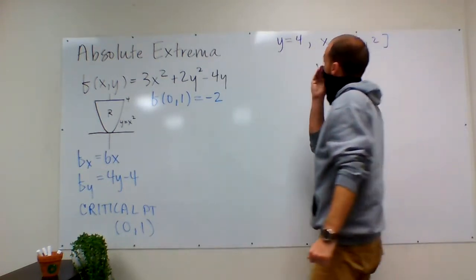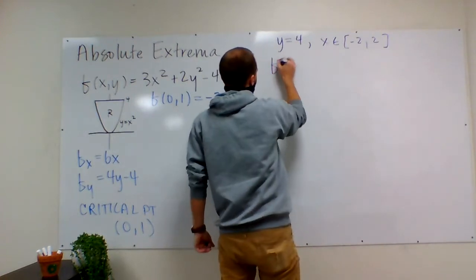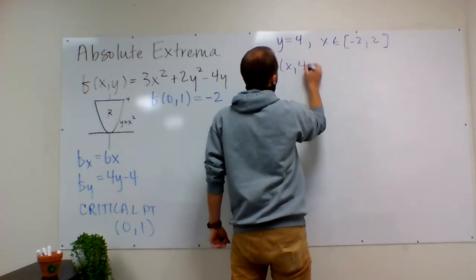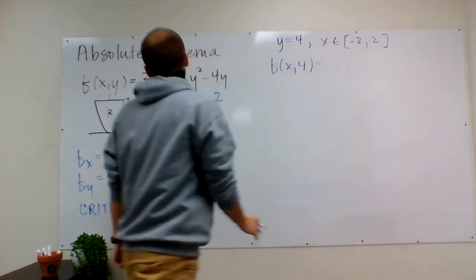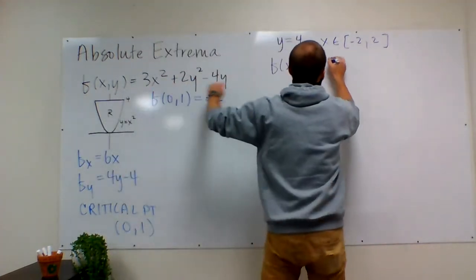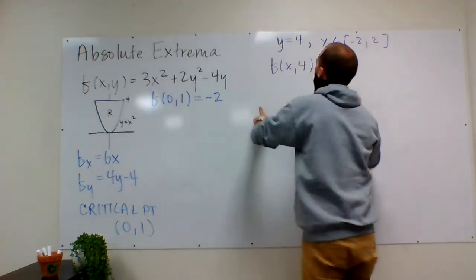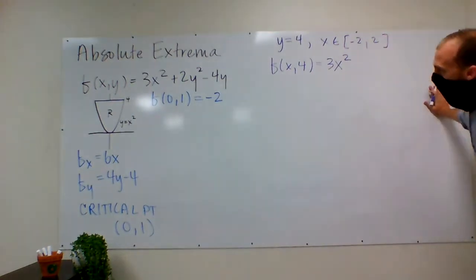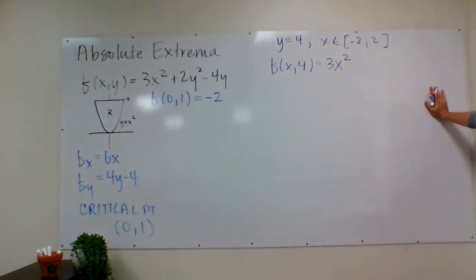So now I'm interested in f of x and 4. And so that'll be 3x squared plus 2 times 16, which is 32, minus 16, which would be plus 16.